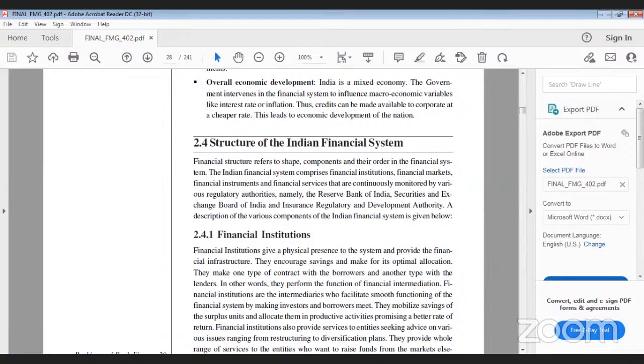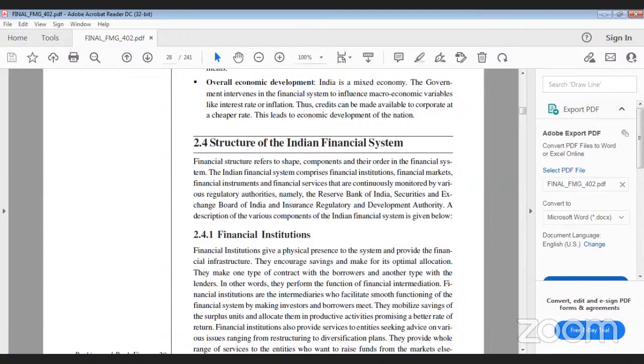The financial institutions give a physical presence to the system and provide a functional infrastructure. They encourage saving and make for optimal allocation. They make one type of contract with borrowers and another type with lenders. In short, they perform the functions of a financial intermediary.